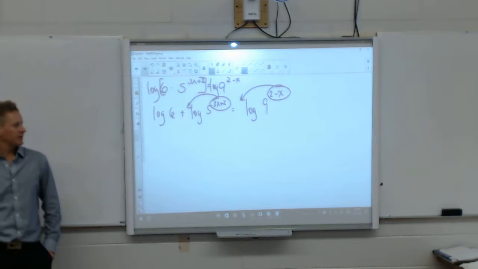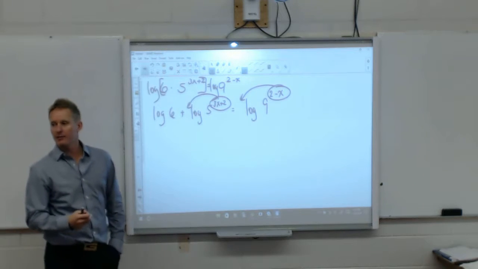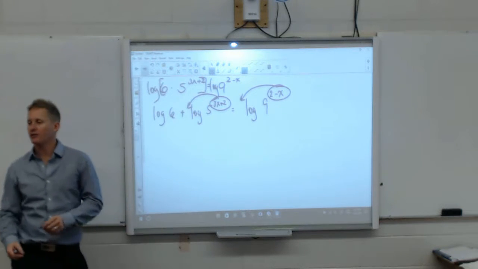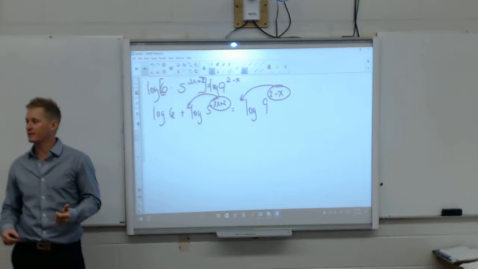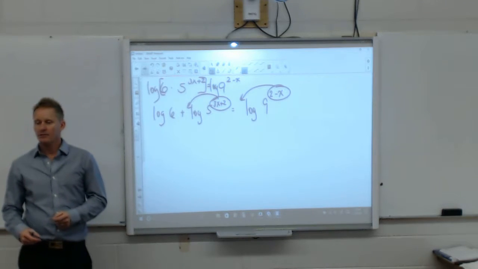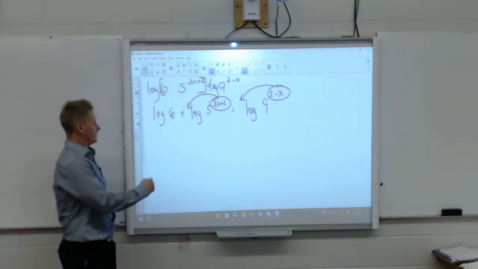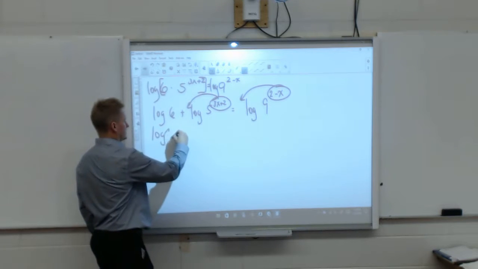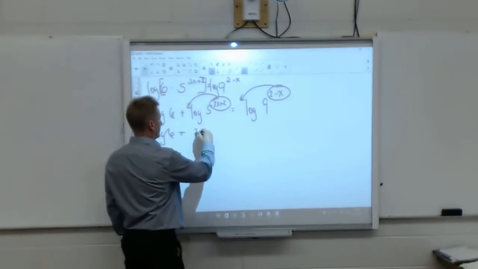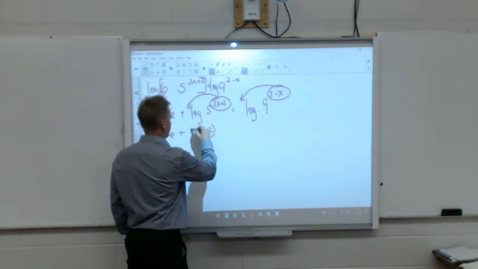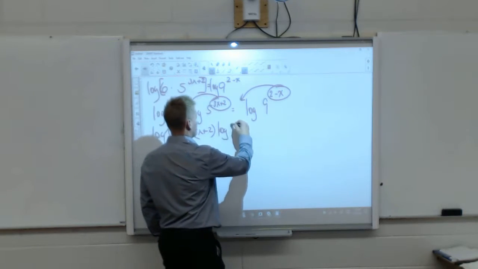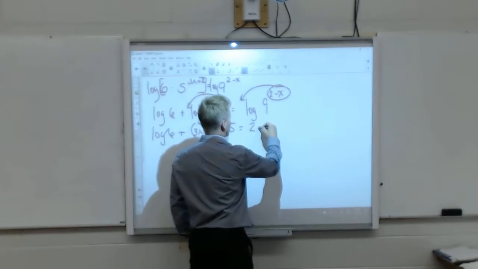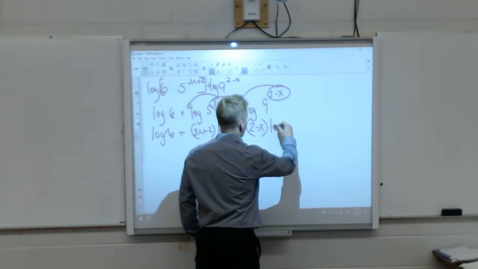Extremely tough question to do this algebraically. So what would you do? Well, that's why it's in the calculator section: I would graph both sides and find your intersection. But to carry this on would be very tough. Log 6 plus 3x over 2 log 5 equals 2 minus x log 9.